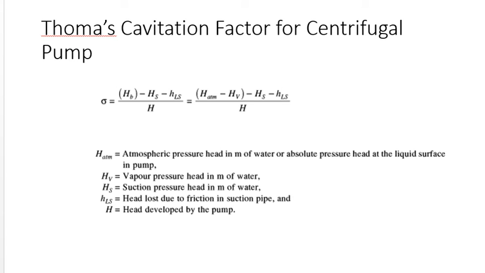HS is suction pressure head in meter of water. HL is head loss due to friction in the suction pipe, and capital H is the head developed by the pump. With the help of this formula, we can calculate the cavitation factor and what pressure we should maintain inside the pipe at the inlet of the impeller and in the suction pipe of the centrifugal pump.